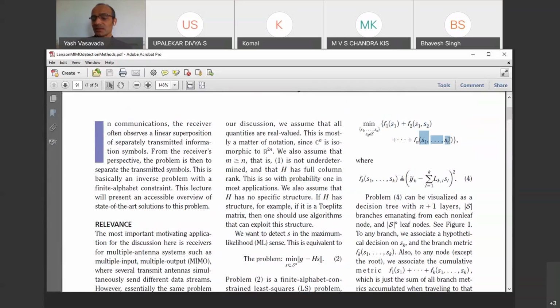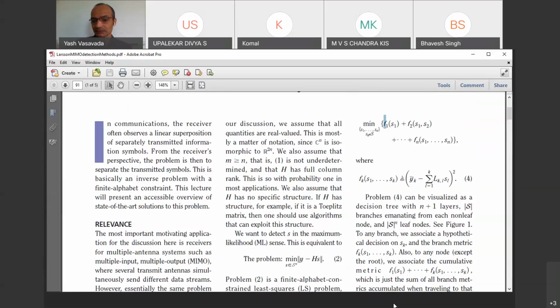And then the last term is dependent on all of the S parameters. And these F functions are nothing but the Euclidean distances of individual elements of Y minus the product of vector S with the corresponding row of matrix L.